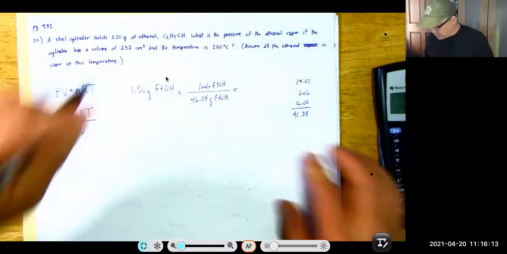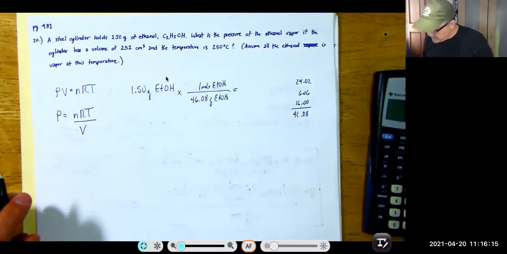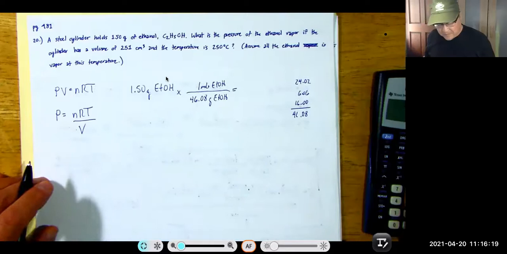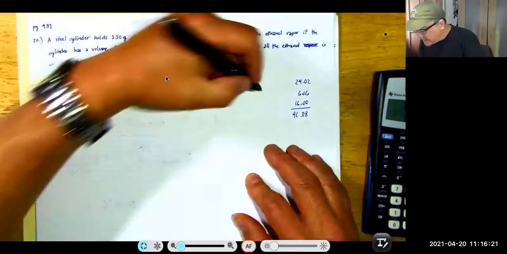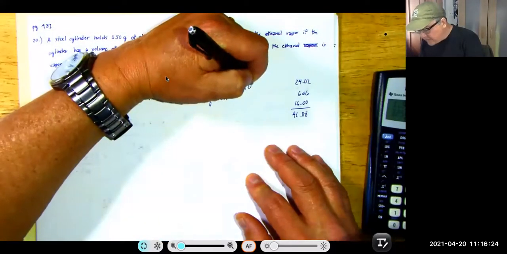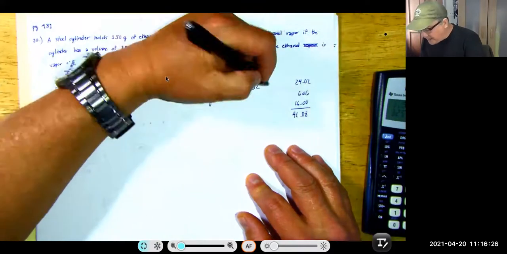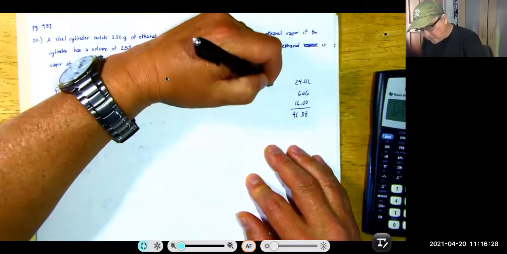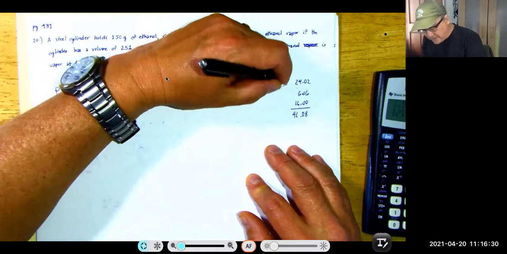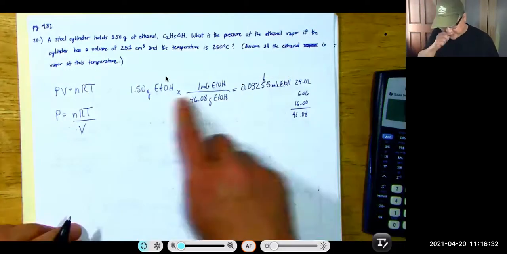Let's see how many moles we get. And we get 0.03255 mole of ethanol. This is good to that 5 because of 3 sig figs.